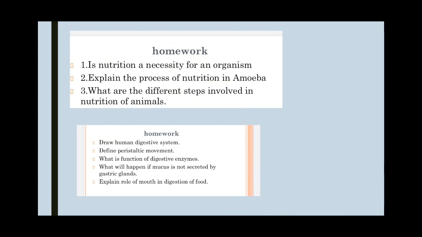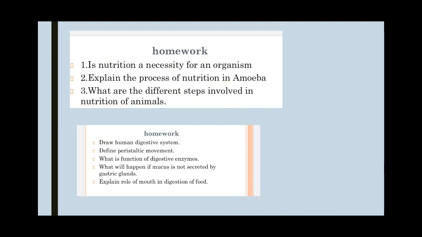Okay, next is explain the nutrition in amoeba. While writing this answer, all the points should be there. That means how the amoeba draws nutrition, so the key points should be there. What are the key points?